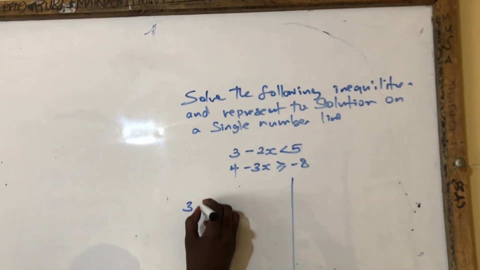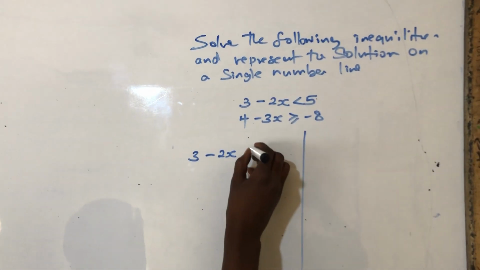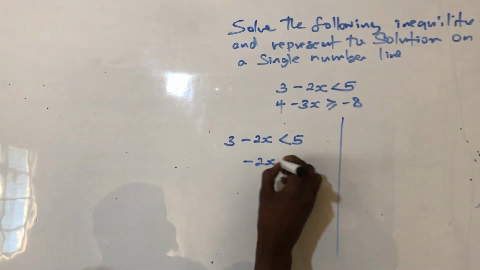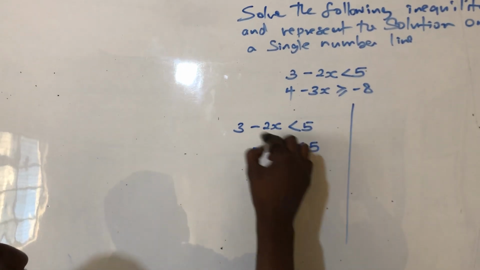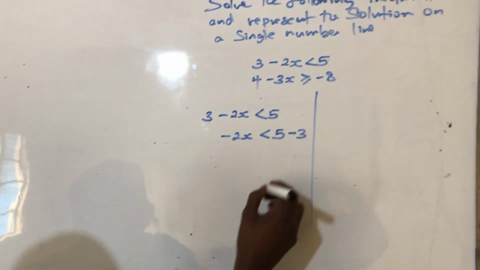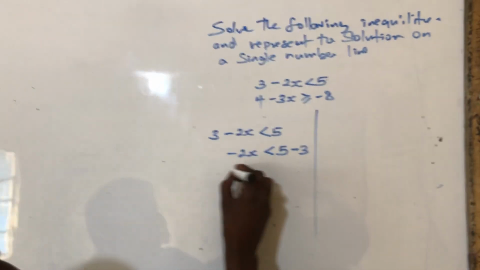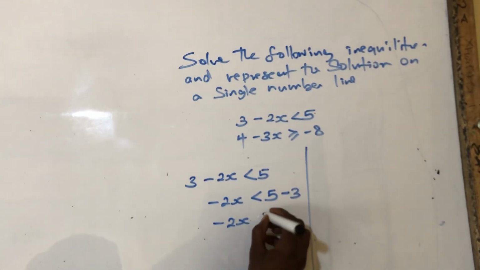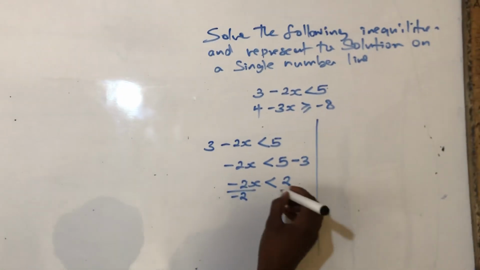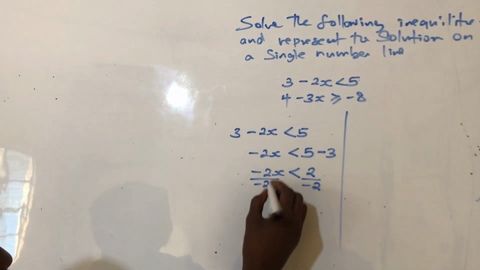3 minus 2x is less than 5. Negative 2x is less than 5, carry the 3 to the other side to become negative 3. So negative 2x would be less than 2. Divide this by negative 2.